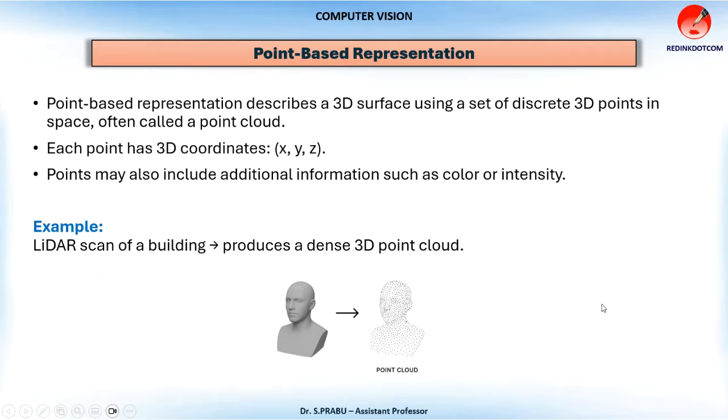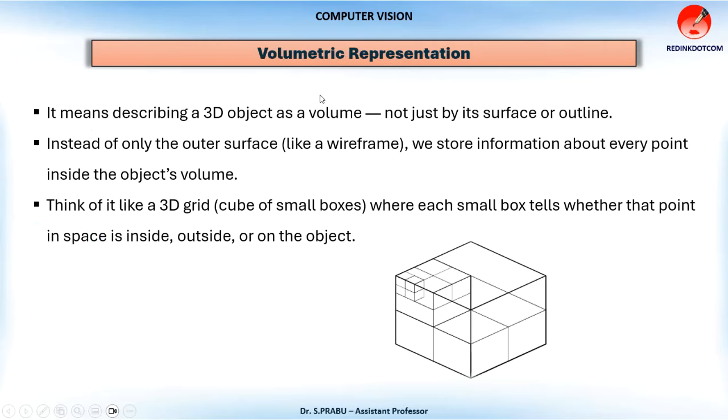In point based representation, we collect different 3D points in space, which is called a point cloud. Each point is represented as x, y, z coordinates. Sometimes points may include extra information like color or intensity. The second type is volumetric representation. Compared to the previous one, it consumes more space because it not only stores the surface information but also the complete information of the 3D object.